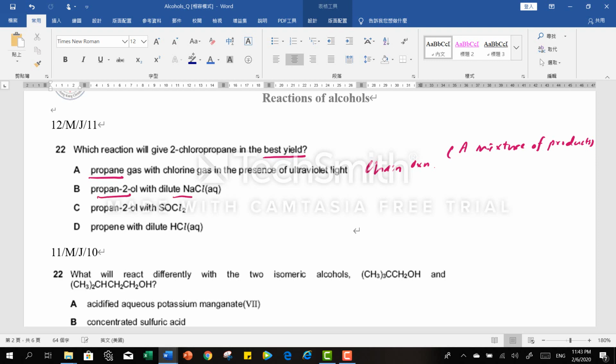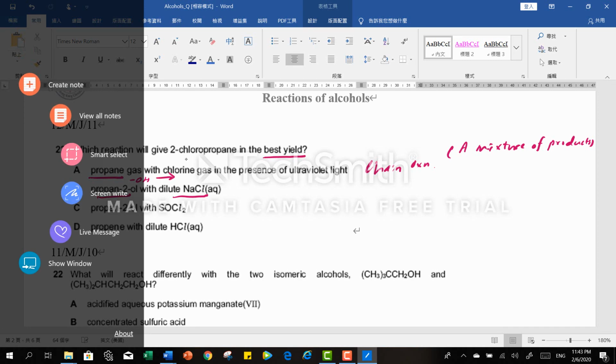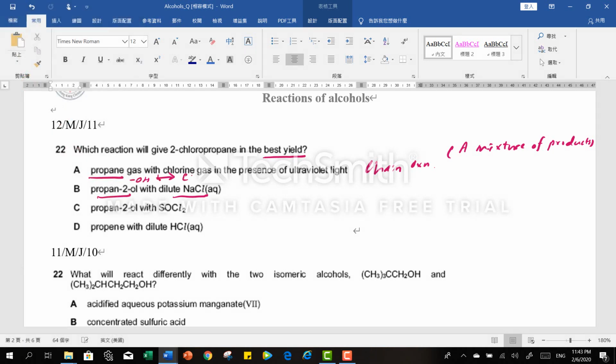And this one, as I told you, propan-2-ol. If you want to substitute the OH group with the Cl group, we are not using NaCl. Instead, as we just learned, we can use HCl, we can use SOCl2, we can use PCl3 upon heating, and we can use PCl5 at room temperature.